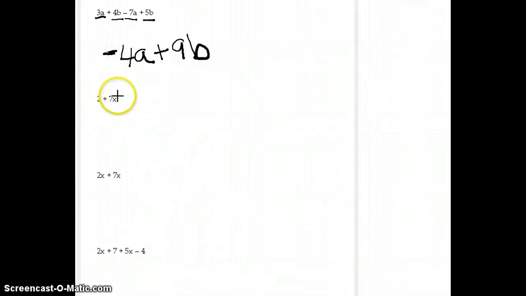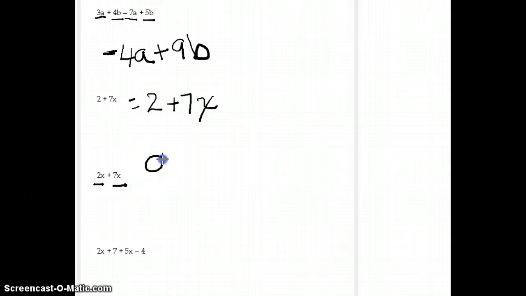2 plus 7x. This is a constant. This is a coefficient with a variable. Can I add 2 plus x? They are not the same, so my answer is 2 plus 7x. 2x plus 7x gives me 9x.